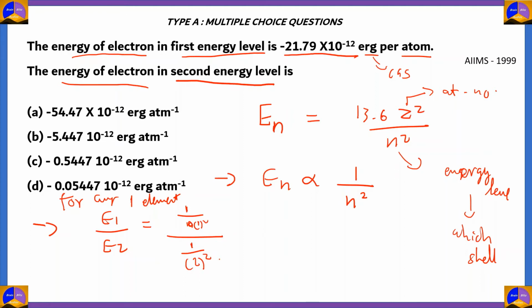So 1 by 1 square divided by 1 by 2 square would be similar to 1 by 1 square into 2 square. So basically we're getting 2 square by 1 square as the ratio of E1 by E2. So on getting the squares, we can write E1 by E2 as 4 by 1.